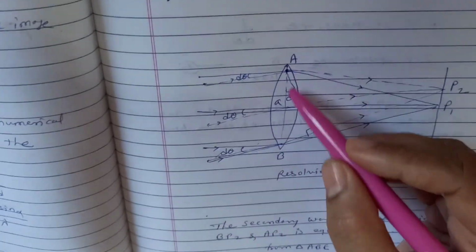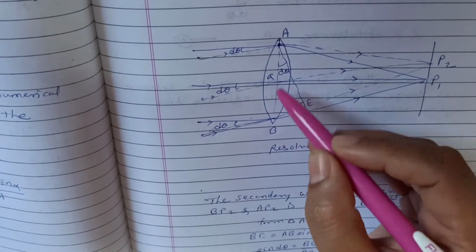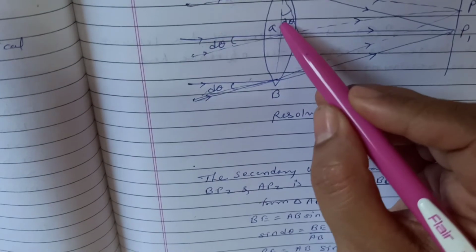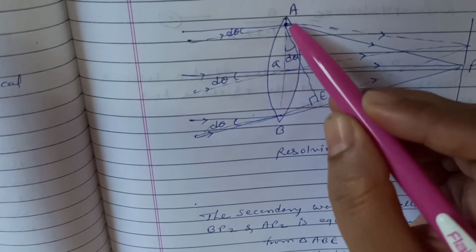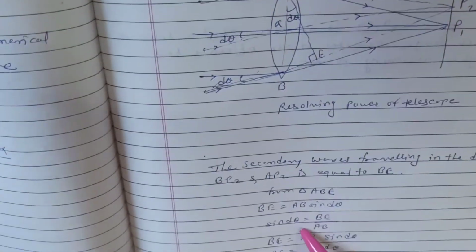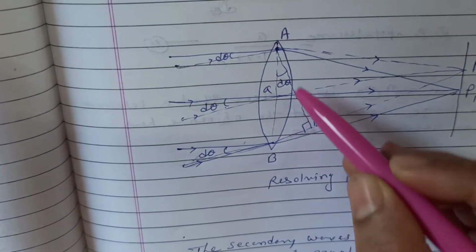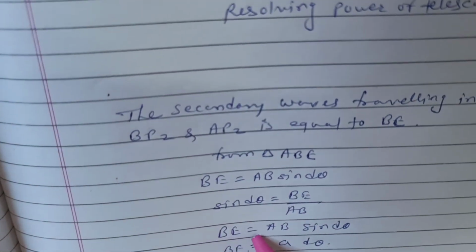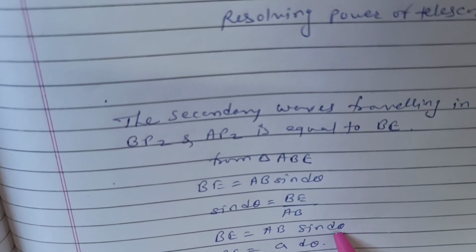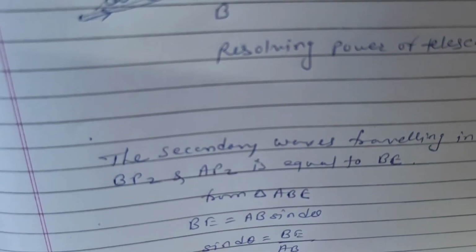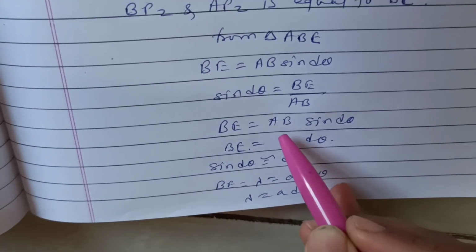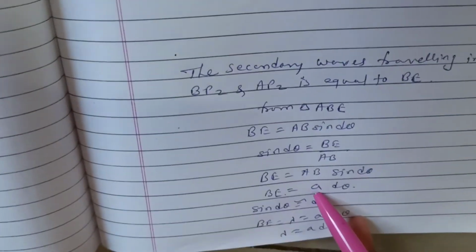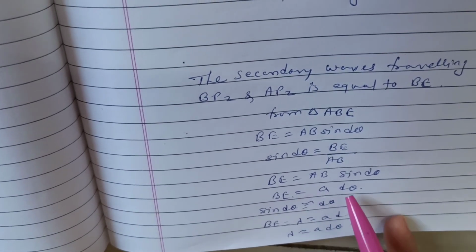In triangle ABE, sin d theta is equal to BE upon AB. So from this equation, BE is equal to AB sin d theta. AB is equal to small a, so BE is equal to a sin d theta.